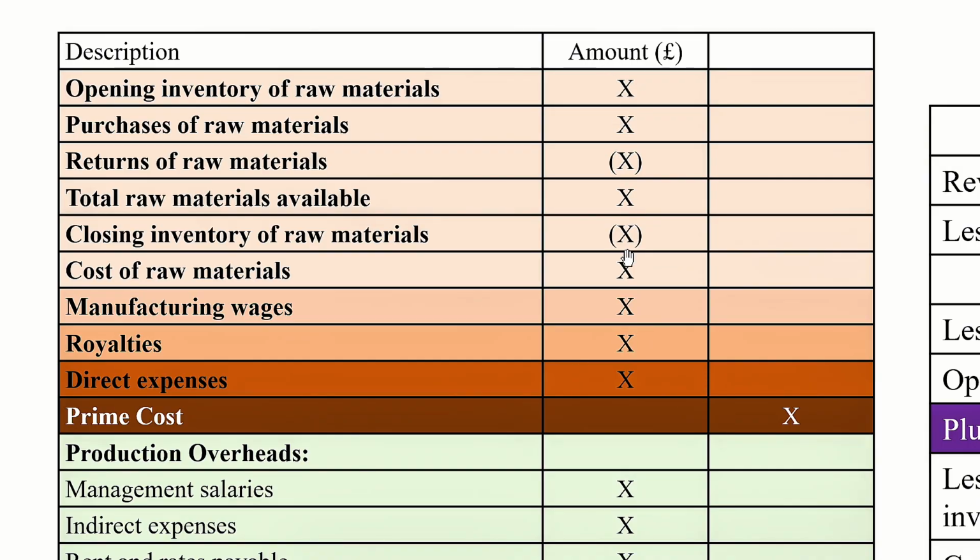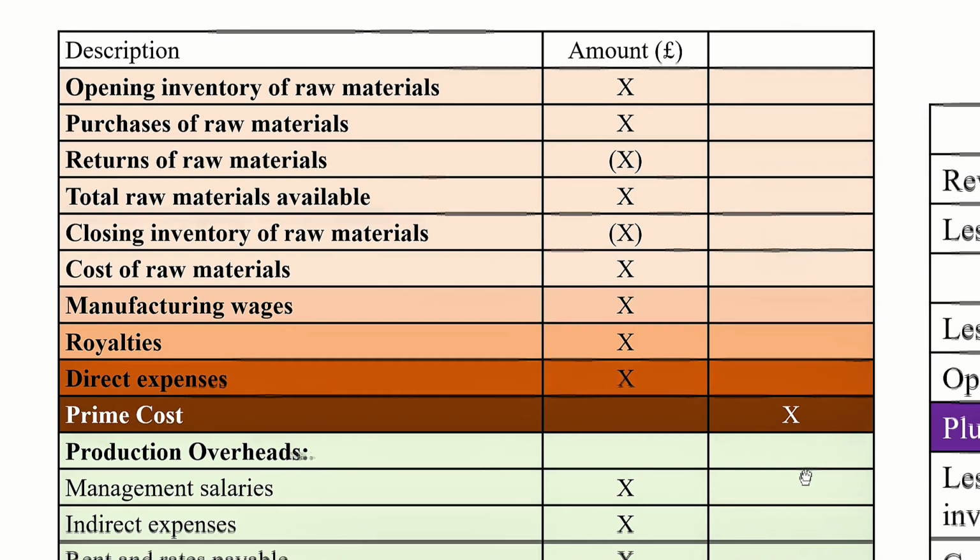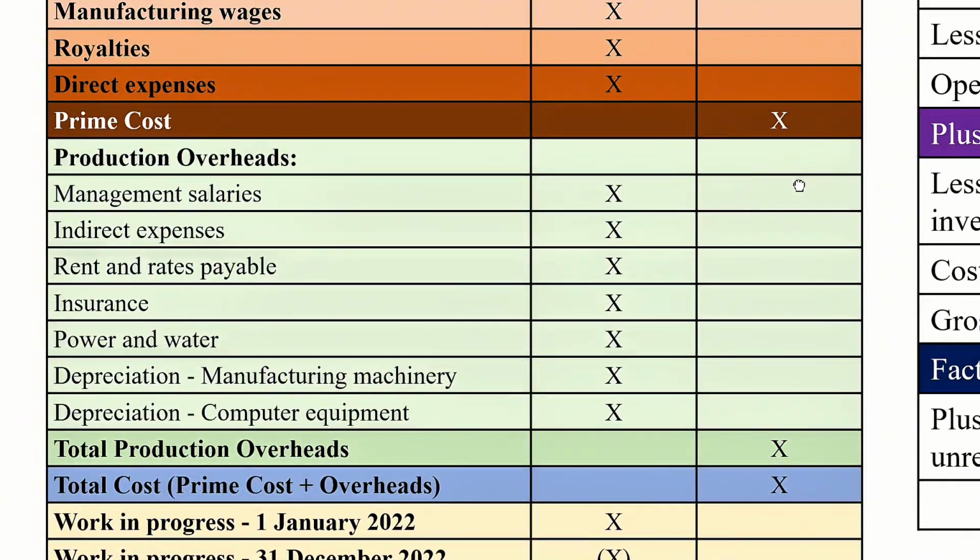Now, by taking the total of all these figures, you find the prime cost. So prime cost is the total of direct material, direct labor, and direct expenses. Once you had figured out the prime cost, production overhead. There are ample amount of examples under production overhead or indirect expense.